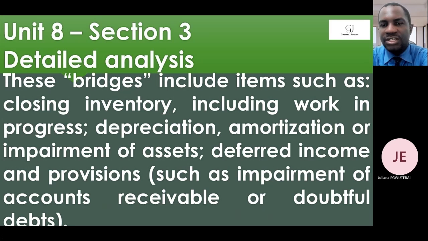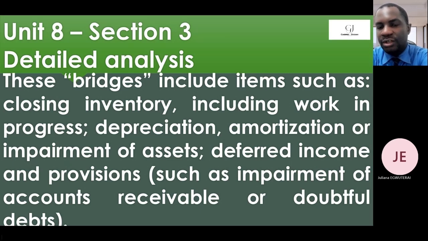So, for example, inventory is in your cost of sales, the beginning and the closing. Inventory is in your balance sheet as current asset, and inventory is also in your statement of cash flow, in your cash flow from operating activities. So these bridges, there are some items that are pertinent and they feature again and again in each of those financial statements.